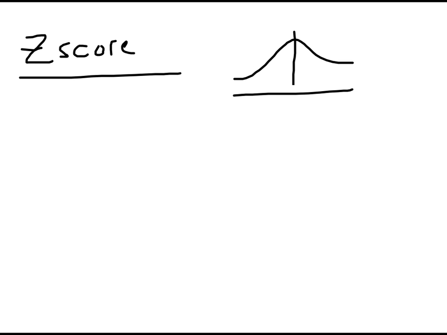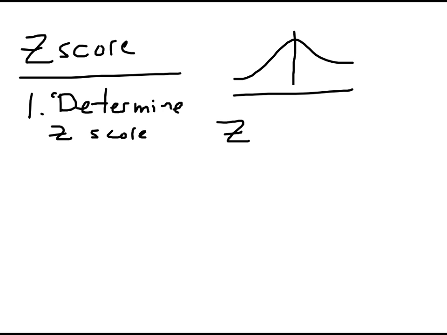So we're going to take a series of steps, and the first thing we need to do in order to determine this probability is determine the z-score. Now we can do this in Excel, but I want to walk through it using a formula first, and the formula is actually pretty easy. So I want to do this just to help us understand.